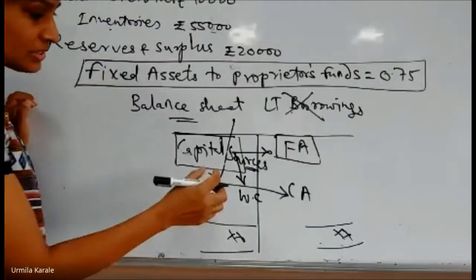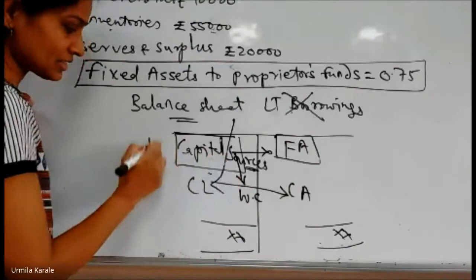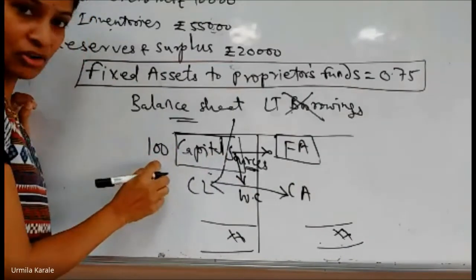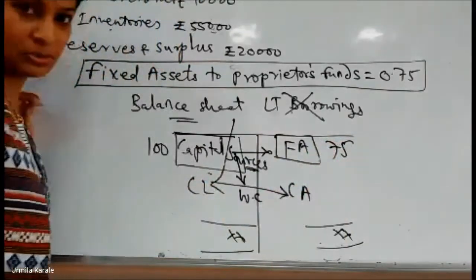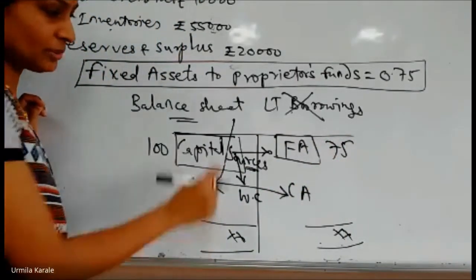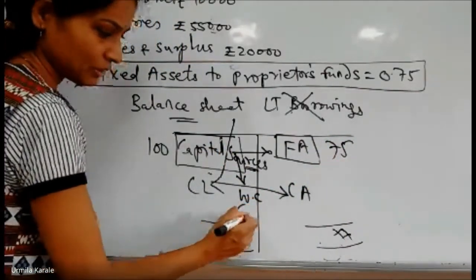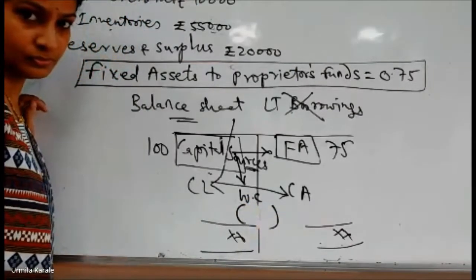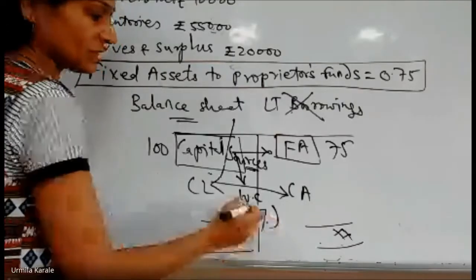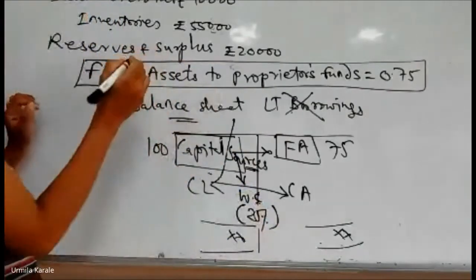Now just try and understand, if I say this is 100, out of this 100, in fixed assets 75 amount is invested, then the remaining is invested in working capital, so how much is that? Very good, 25%. Now working capital we have information, right?